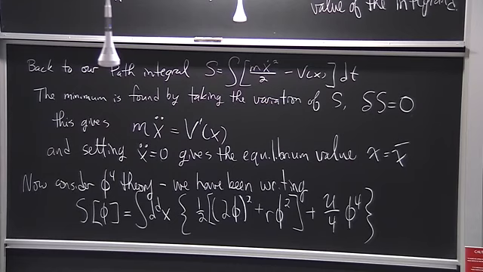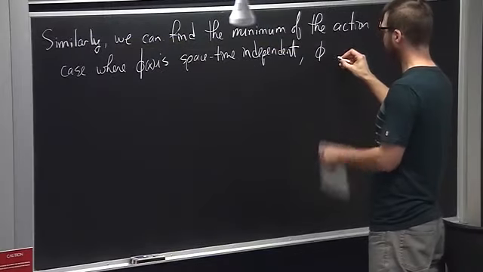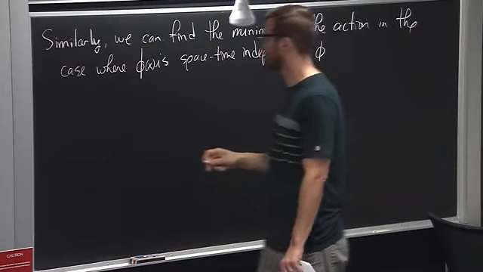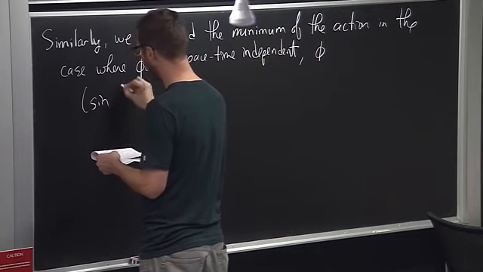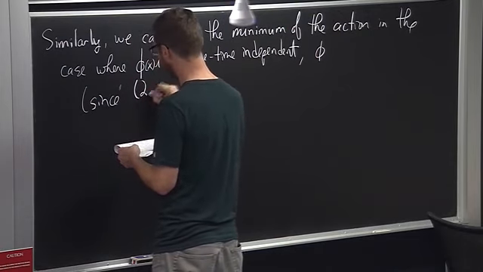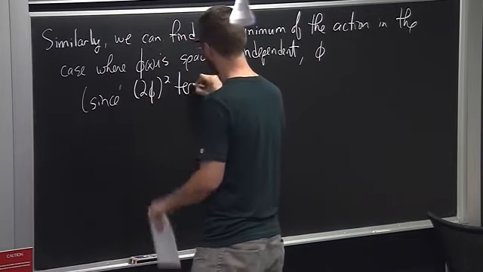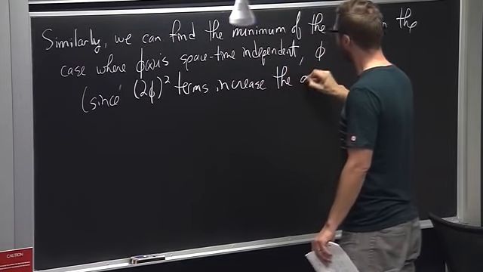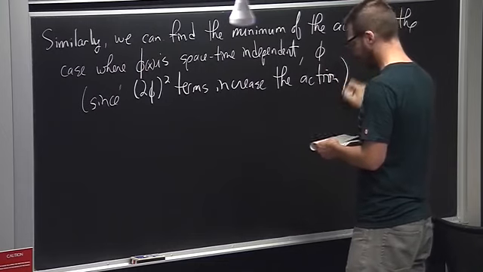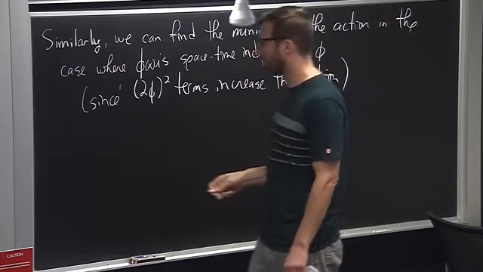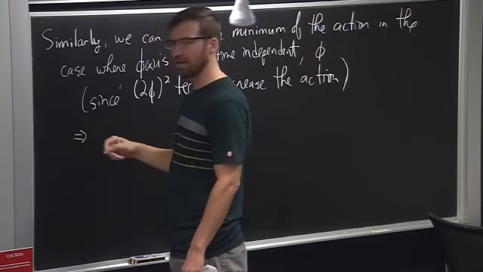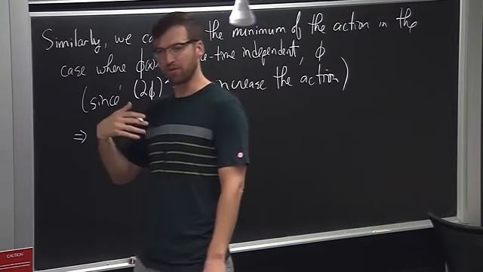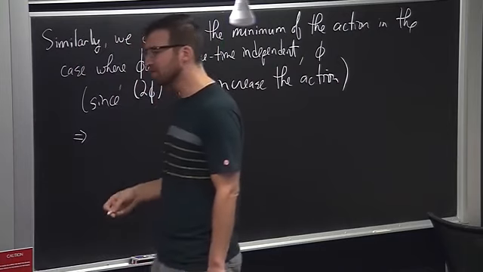So if I set phi of x just equal to phi, then what we're deriving only has to do with the mean or average values of the fields.